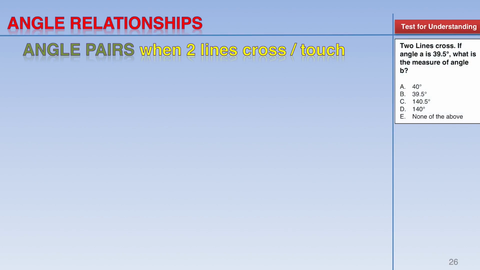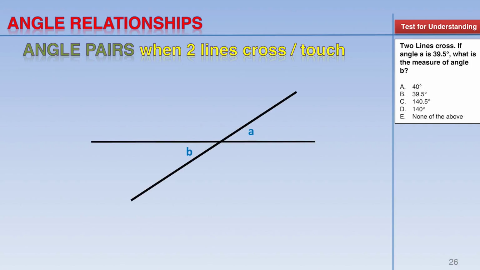Now let's do a quick test for understanding. Two lines cross. If angle A is 39.5 degrees, what is the measure of angle B? Is it A, B, C, D, or none of the above?